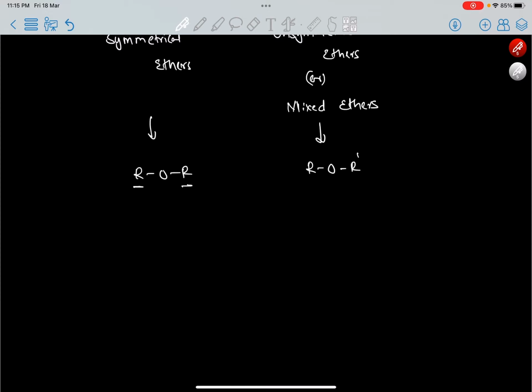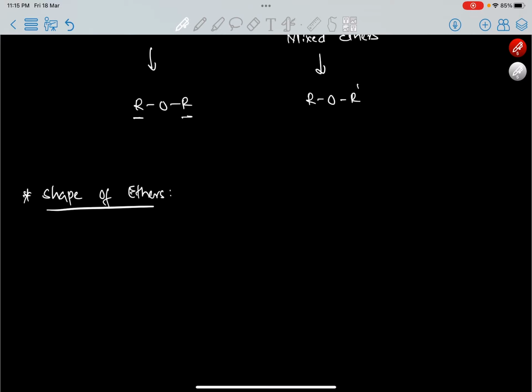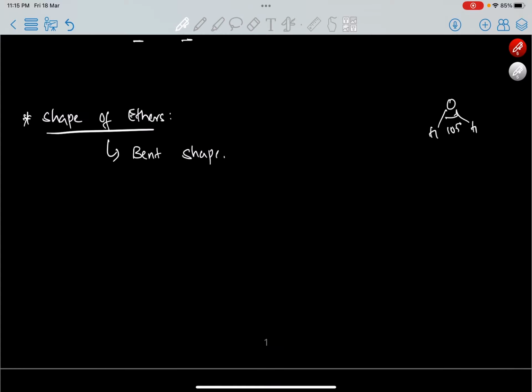Now let us talk about the structure or shape of ethers. Ethers have a bent shape. The way water has a bent shape, we all know the angle is around 105 degrees, similarly, ethers also have a bent shape.